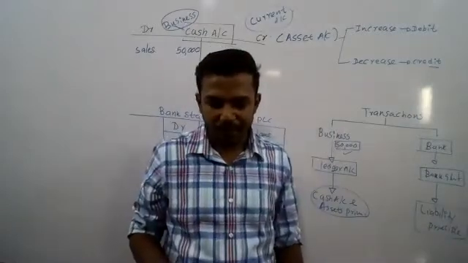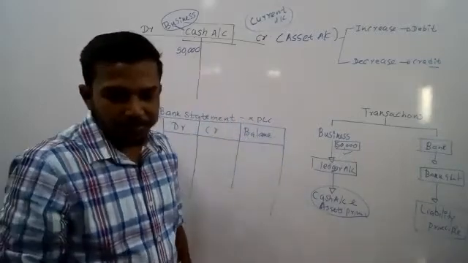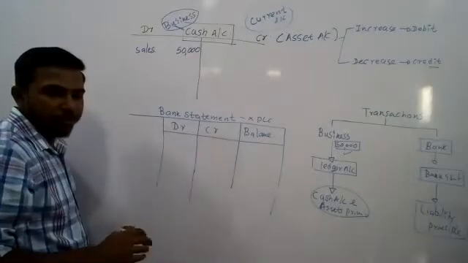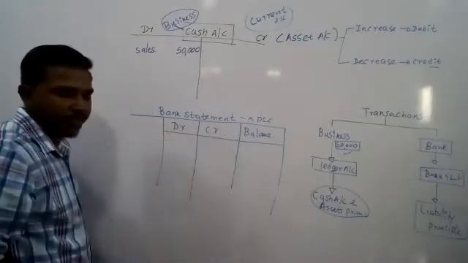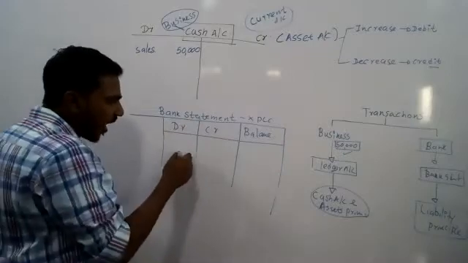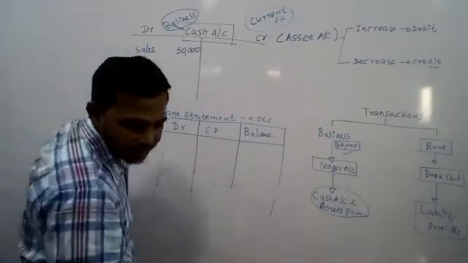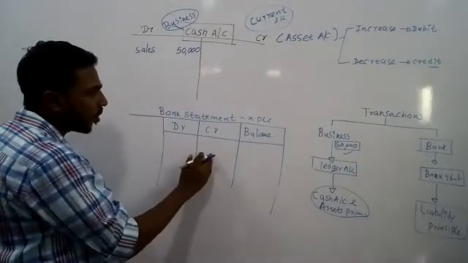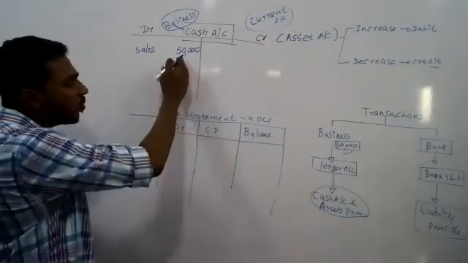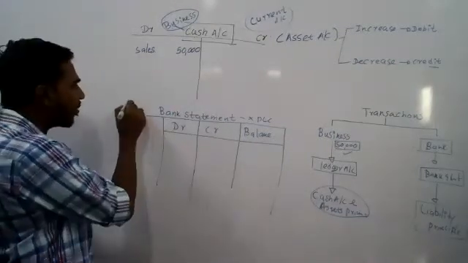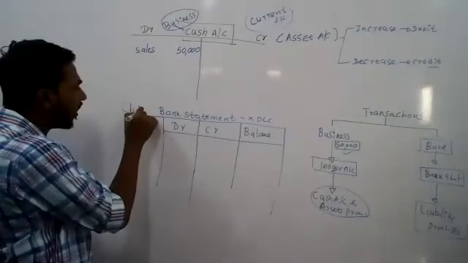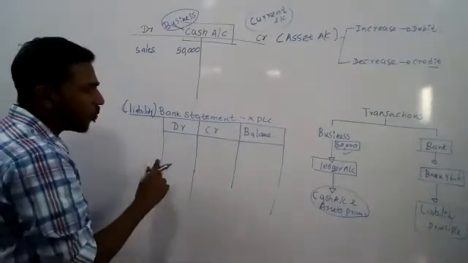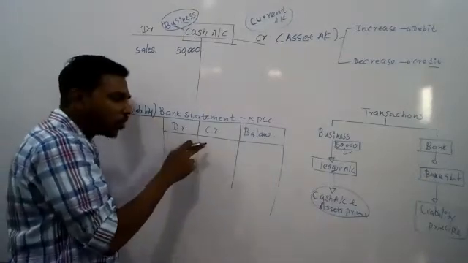But from the bank perspective, once you deposit the cash, the bank gets a what? A liability. Clear? Because once you deposit, the bank is supposed to do the repayment.